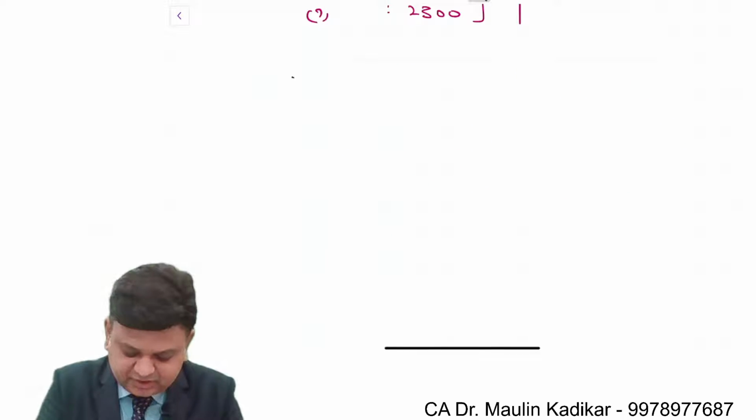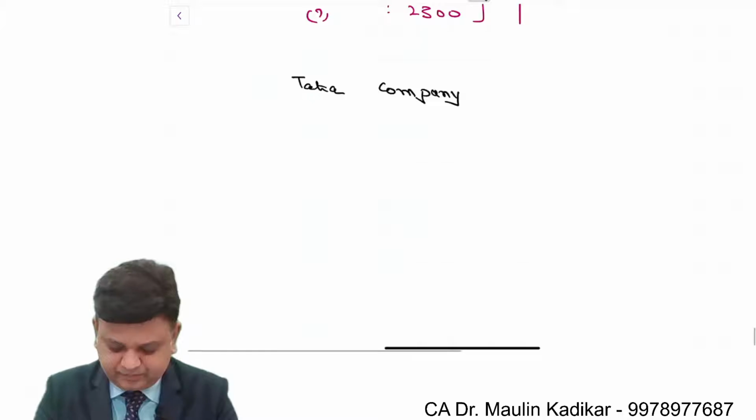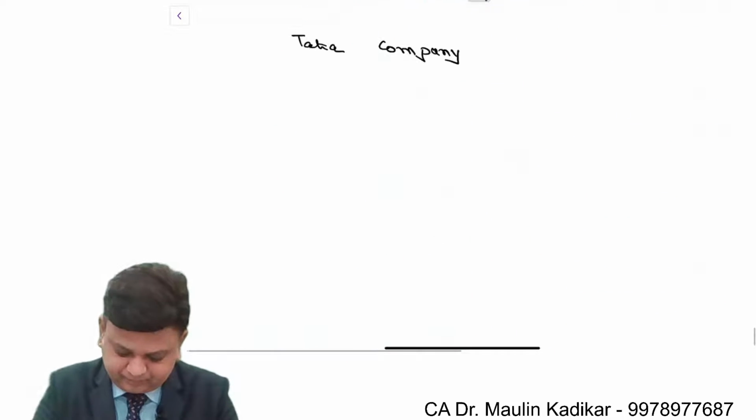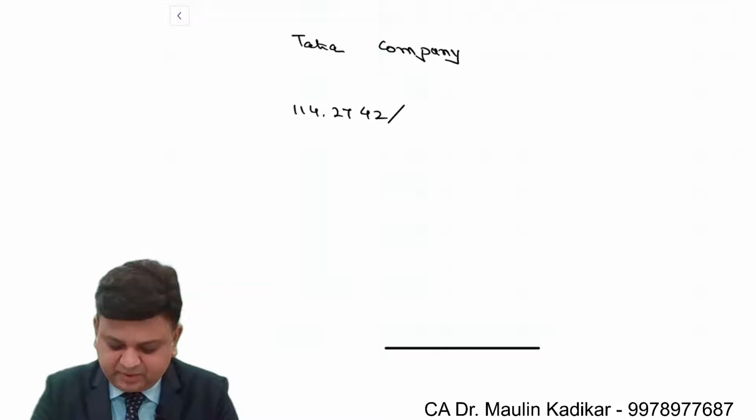The second part of the question is where the Tata Company information is given. We understand that it has imported goods, so it is required to make payment in pound currency.